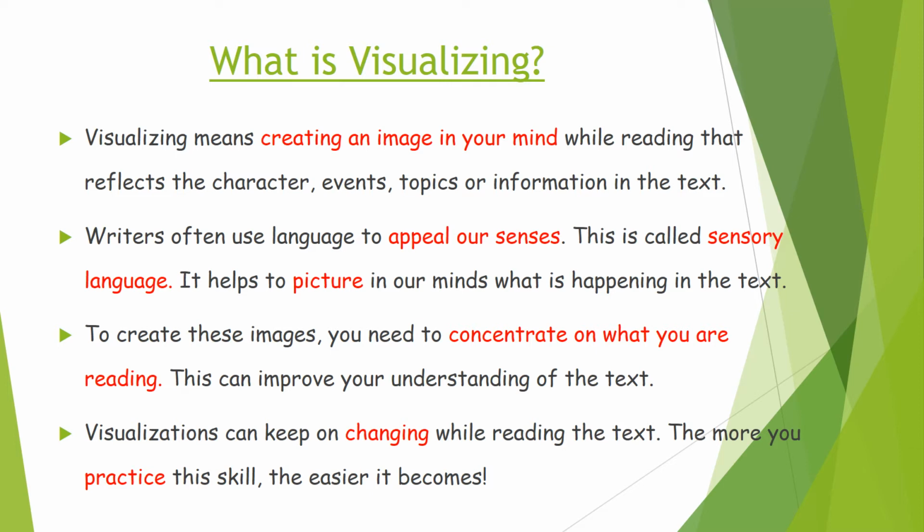Now, to create these images, you need to concentrate on what you are reading. This can improve the understanding of the text. Now, visualizations, imaginations, they usually keep on changing as you read the text.